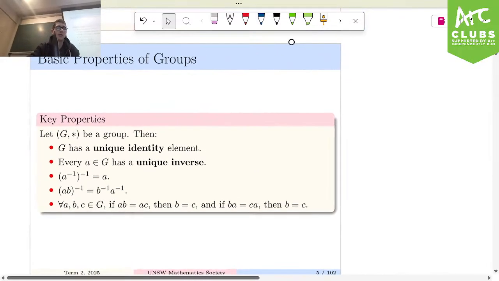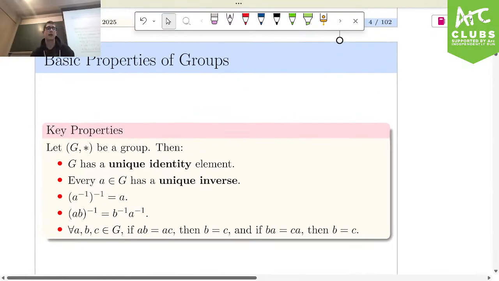Okay, so as promised, there are a few properties that we need straight from our group axioms. These follow for any group. First of all, we have a unique identity. We can't have multiple identities; we just have to have the one. And likewise, we also have a unique inverse for every single element. So we can't have different inverses.